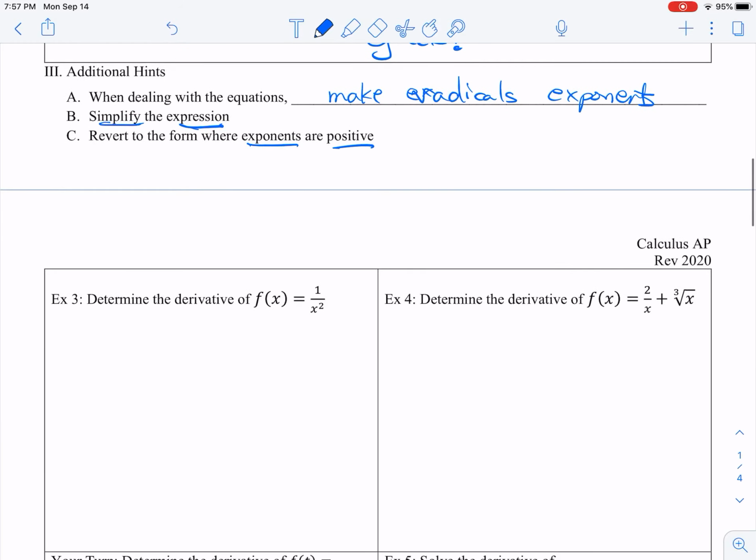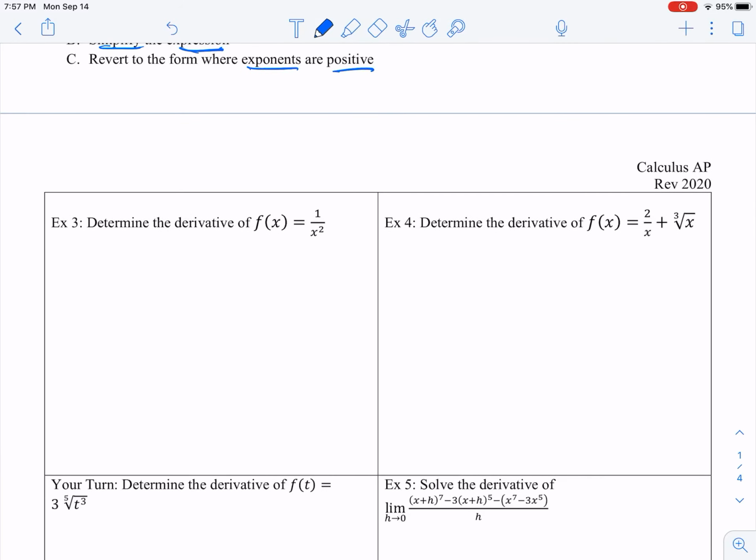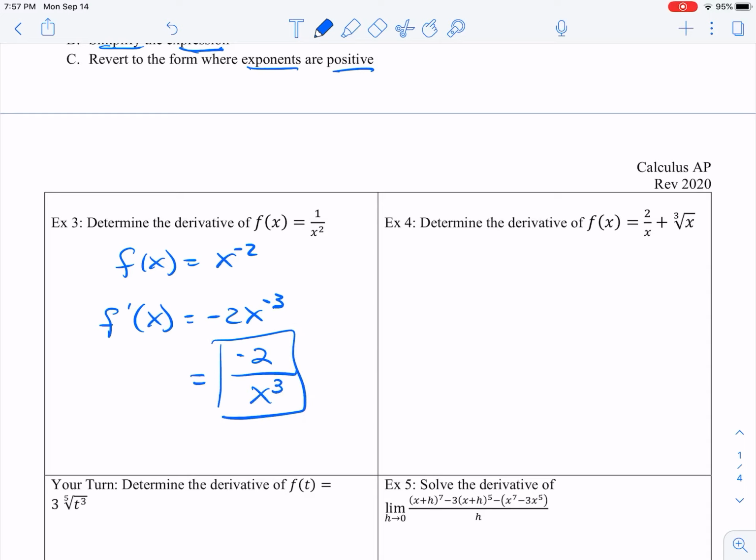So instead of having 1 over x squared, you change f of x into x to the negative 2. It means the same thing. And now the power rule still works, and you get negative 2x. When you subtract 1 from negative 2, you get negative 3. Usually we say we don't want your answers with negative exponents, so we make you change it.